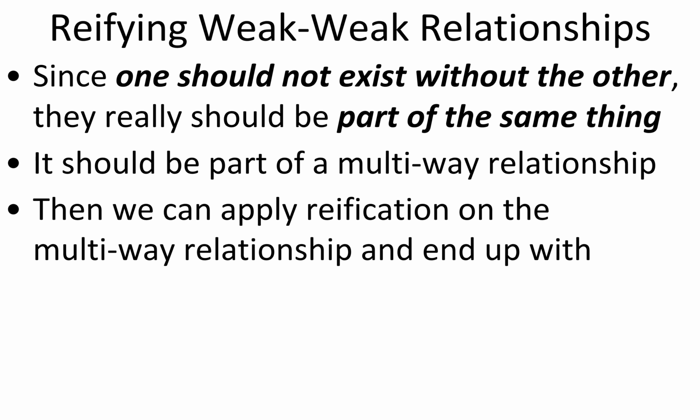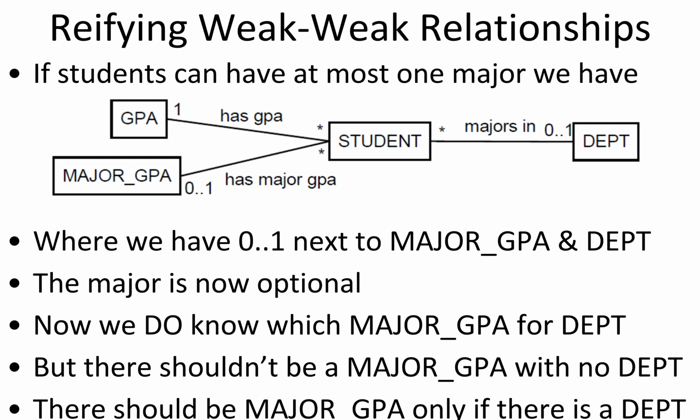Now there could be a relation between department and major GPA as one-to-one, and that could also solve the problem, right? No, but the database is not stopping me from doing something that is inconsistent. For instance, I don't have a department record, but I have a record for GPA.